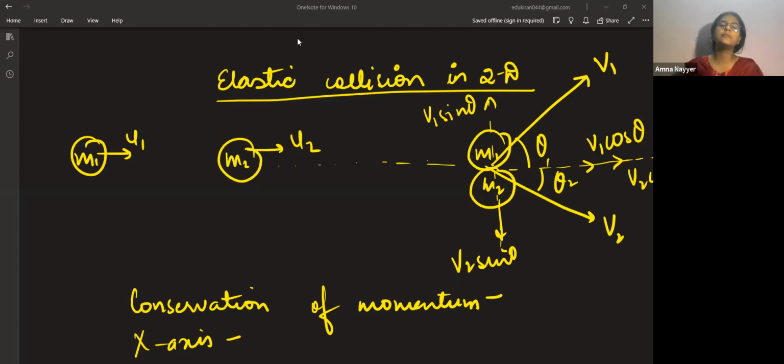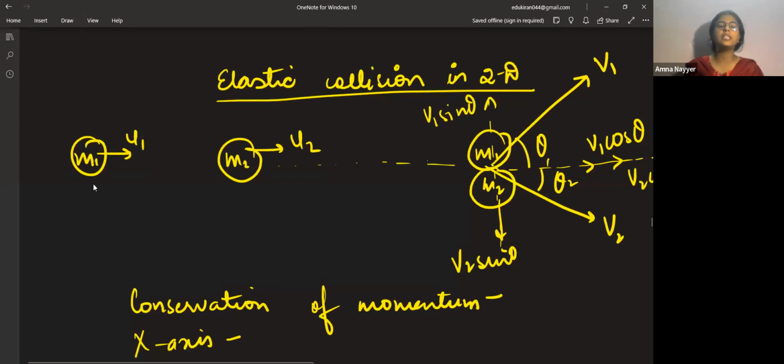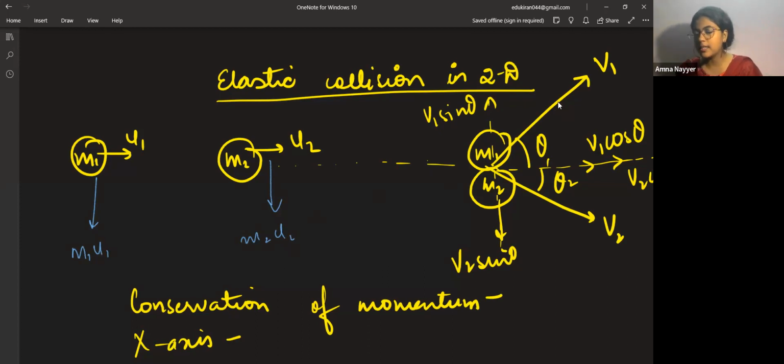Like you can see over here, if the m1 body is coming with u1 velocity, its momentum will be m1u1. If m2 is coming with u2 velocity, its momentum will be m2u2. Now collision has occurred here, and now they are separating.